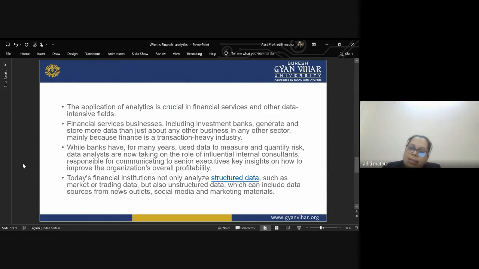Financial service businesses, including your investment banks, generate and store more data than just about any other businesses in any other sector, mainly because finance is a transaction heavy industry.